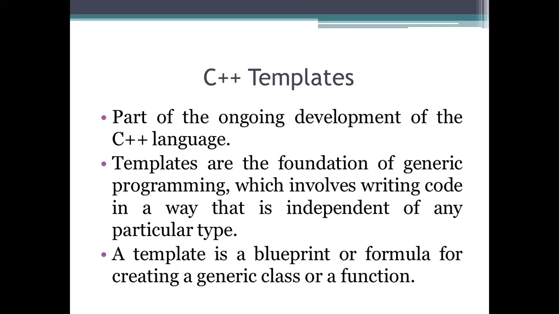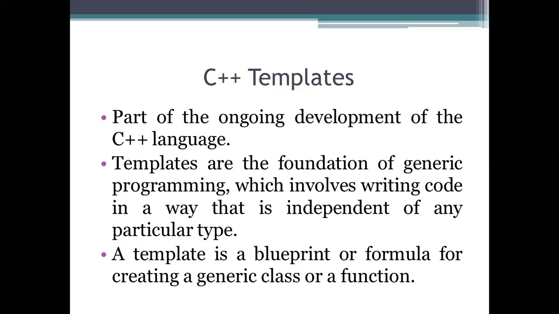Why? Because when we are writing programs, there may be situations where we will use the same code in the same programming environment, at the same time, for different data types.